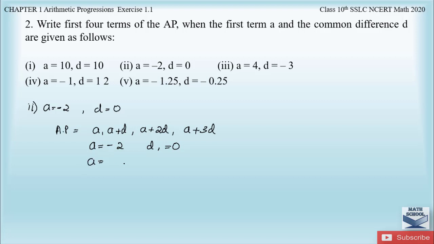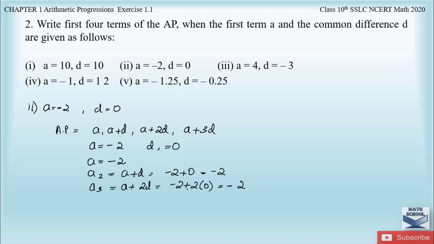The first term A is minus 2, then A2, the second term will be A plus D, which is minus 2 plus 0 is minus 2. The third term A3 is A plus 2D, so it is minus 2 plus 2 into 0.